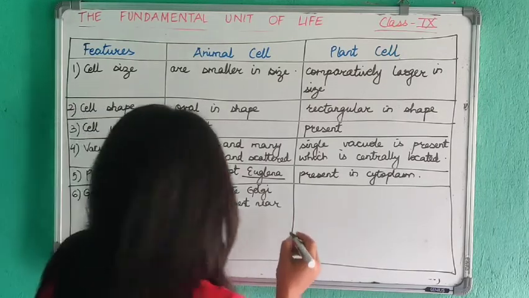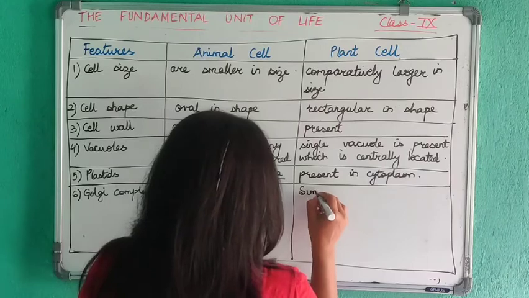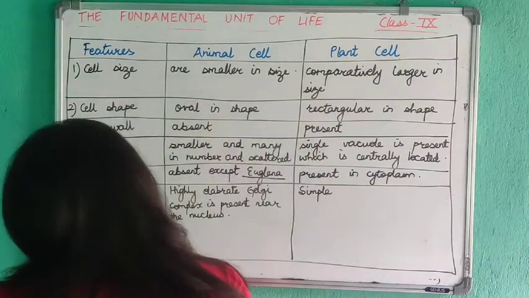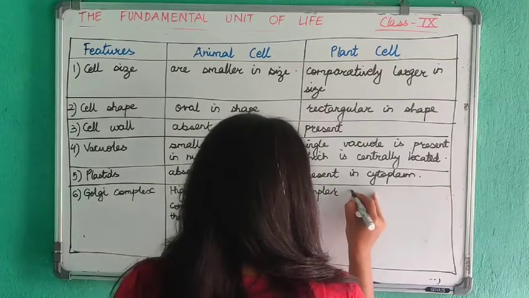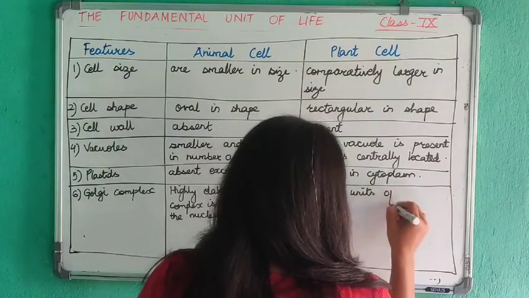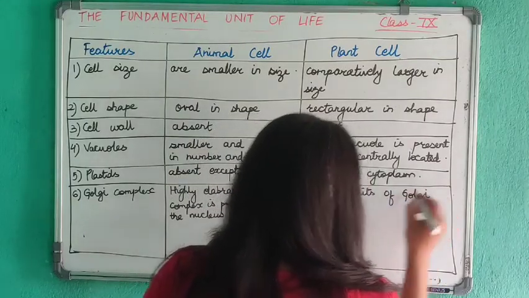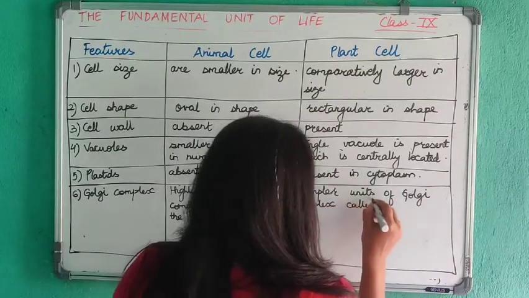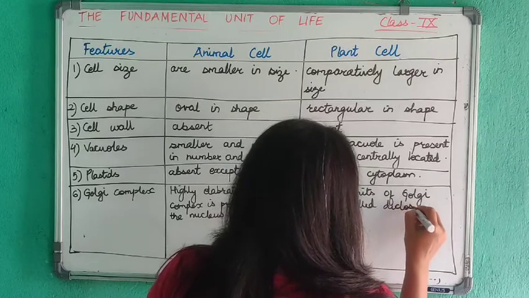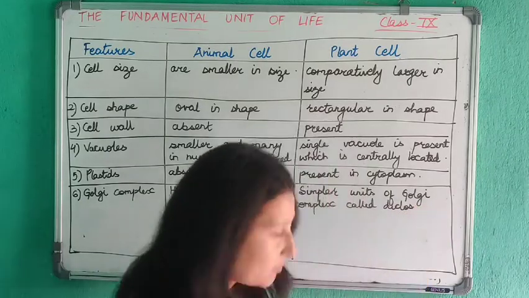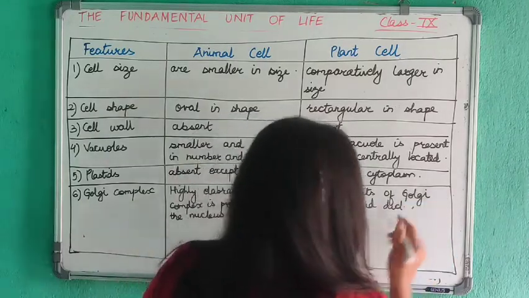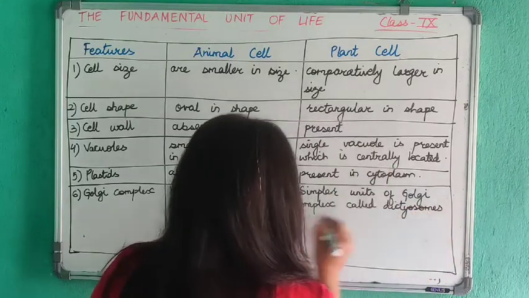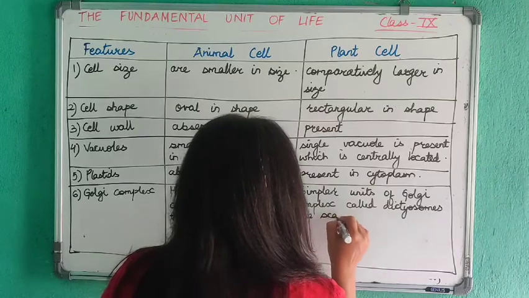But in plants, simple Golgi complexes are present, simpler units of Golgi complex. Those are known as dictyosomes, and they are scattered.